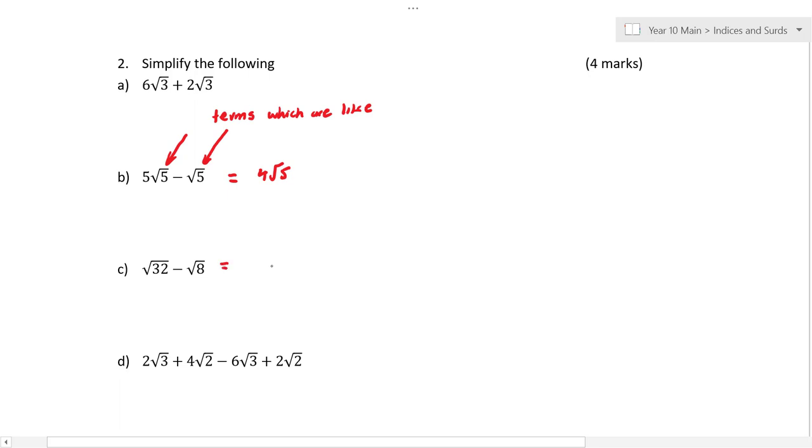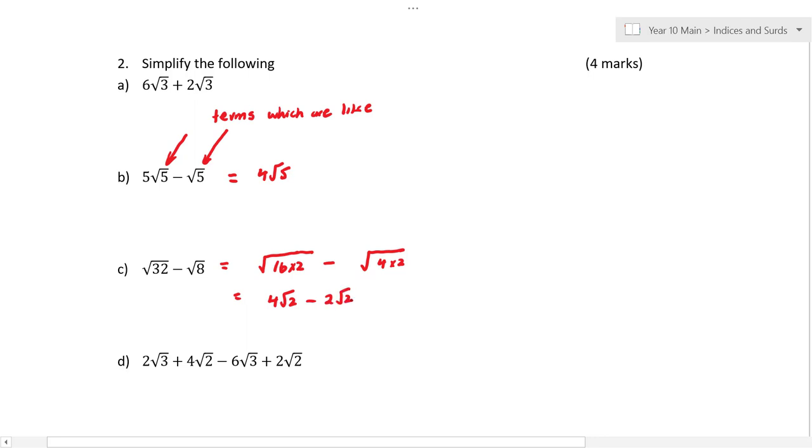Now root 32 is the same as root 16 times 2. And minus 8, root 8, is 4 times 2. Now then that's going to be the square root of 16 is 4. So that's going to be 4 root 2. Then I have 2 root 2s.